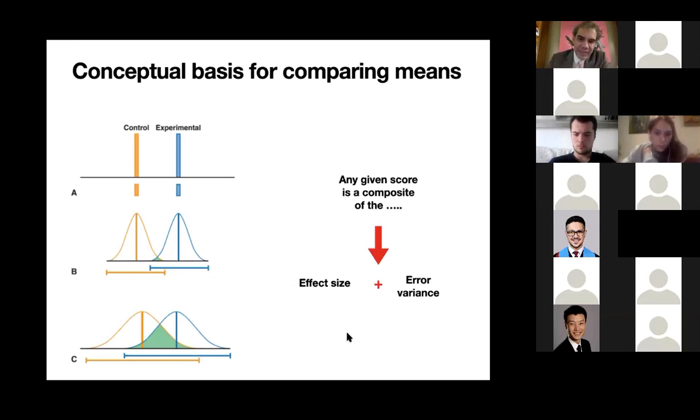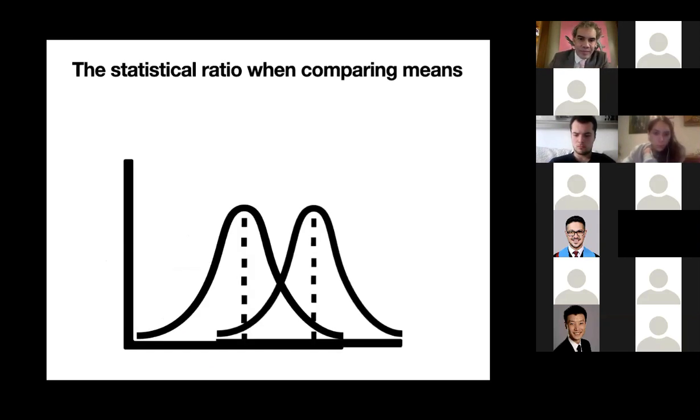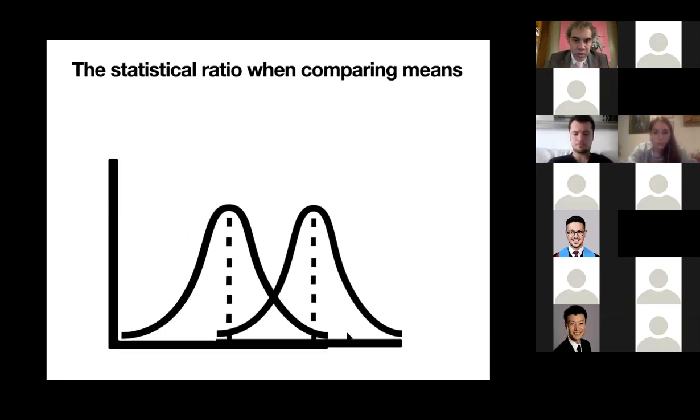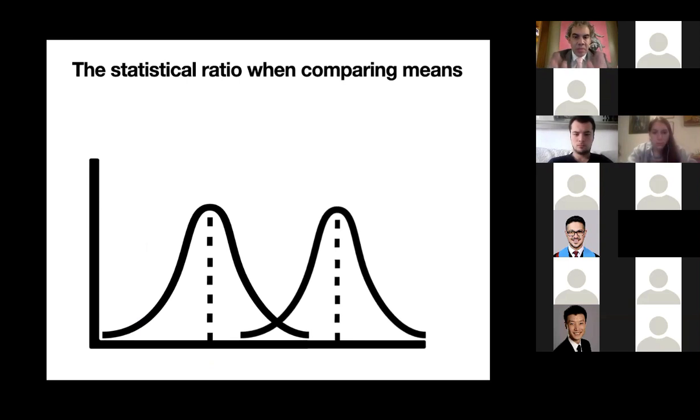Okay? Let's see. This is a little animation of how the statistical ratio works when comparing means. So here you see two groups, two means. The means are separated, so you have a bigger effect size.